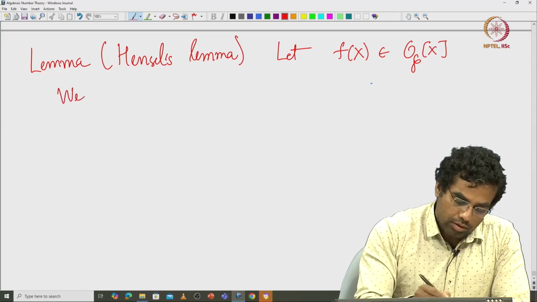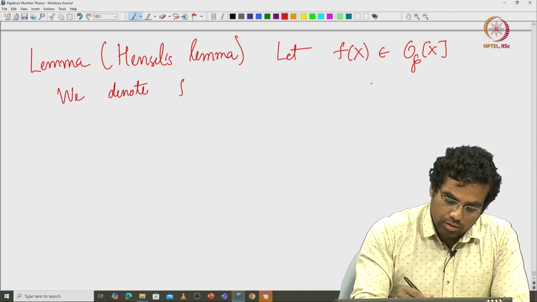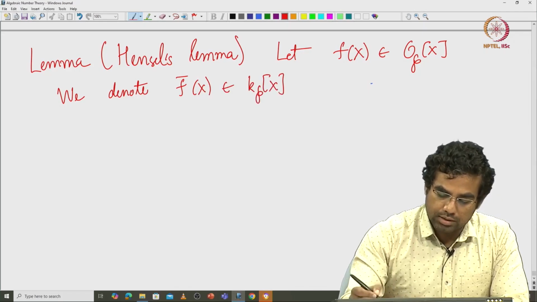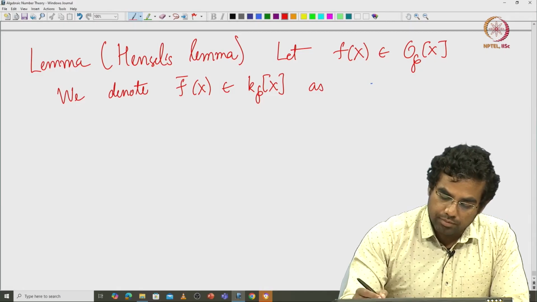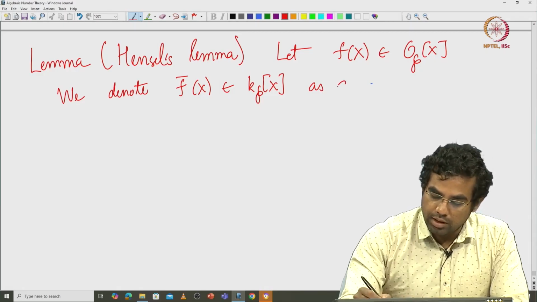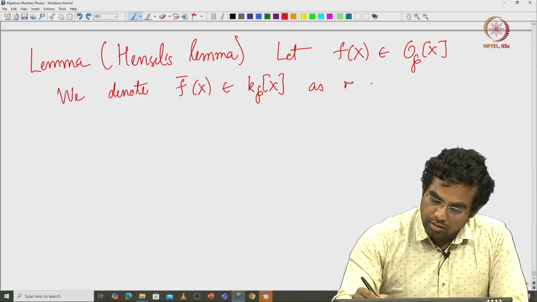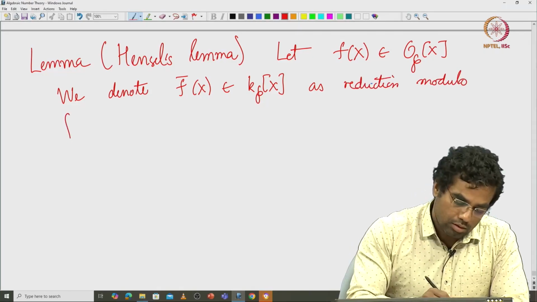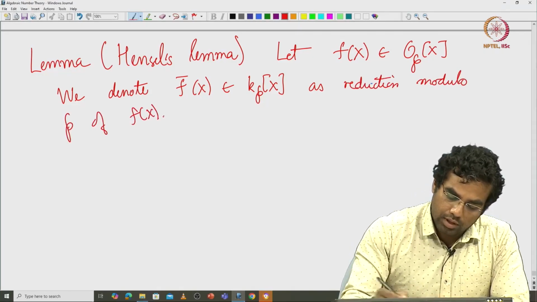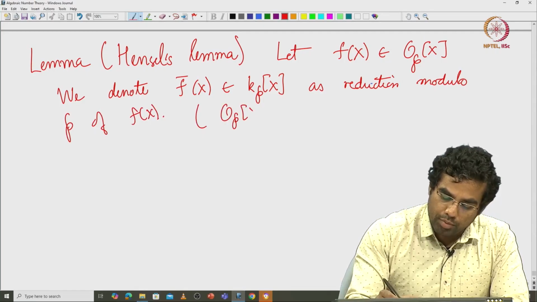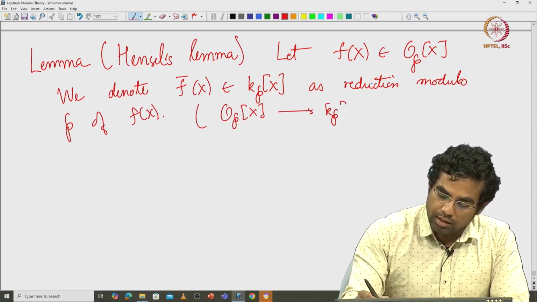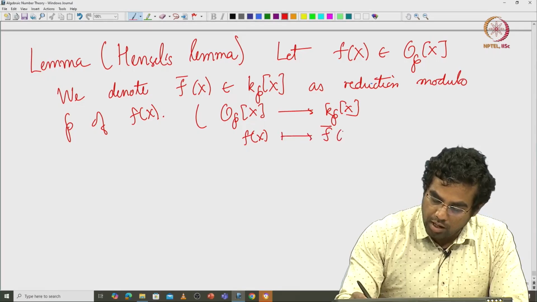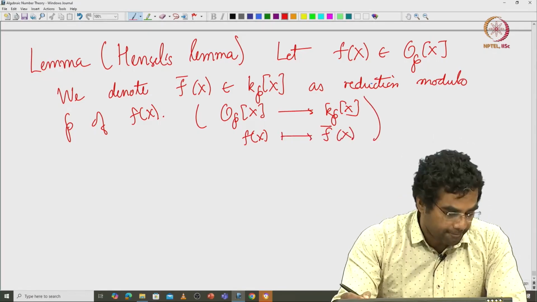We denote by f bar_p of x its image in k_p of x, as reduction modulo p of f of x. Okay. So, there is a natural map from O_p of x to k_p of x, and under this map f of x goes to f bar of x, right, that is my notation.